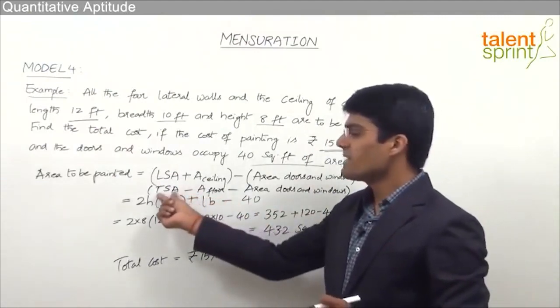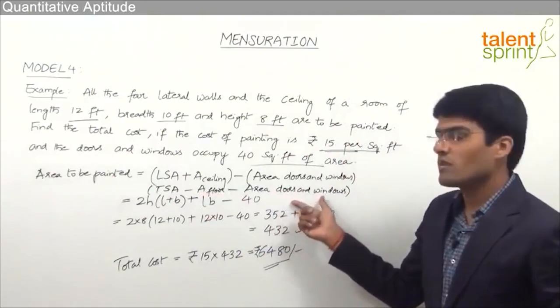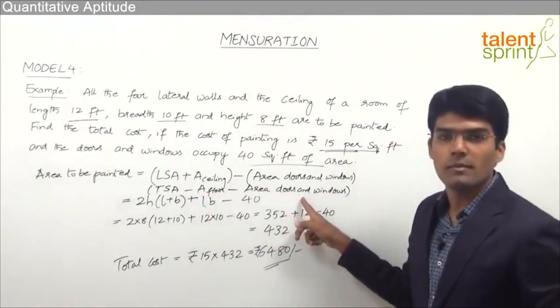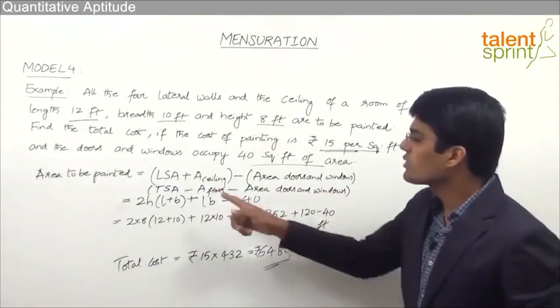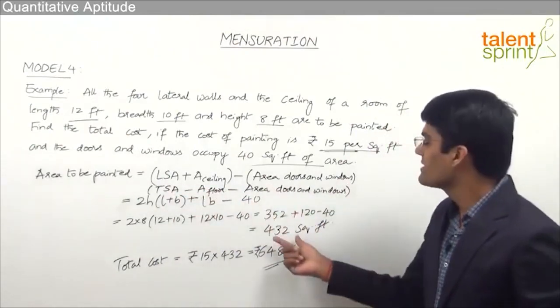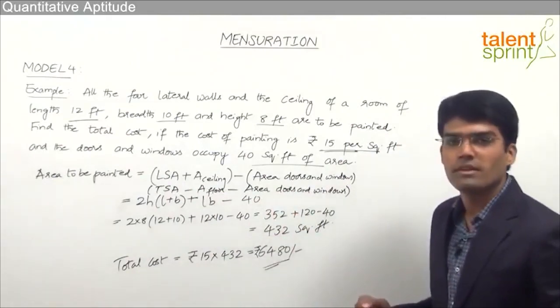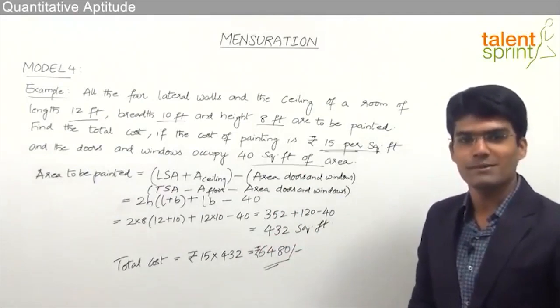Otherwise, total surface area minus area of the floor minus area of doors and windows. Why? Because these two areas are not to be painted. The floor is not painted and the area occupied by doors and windows is not painted. So from total surface area, if we subtract these two, we again get the same answer. That is, the area to be painted will be 432 square feet. And then multiplied by the per square feet cost will give us the total cost of painting this room.